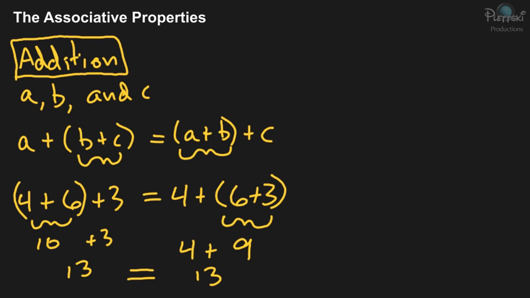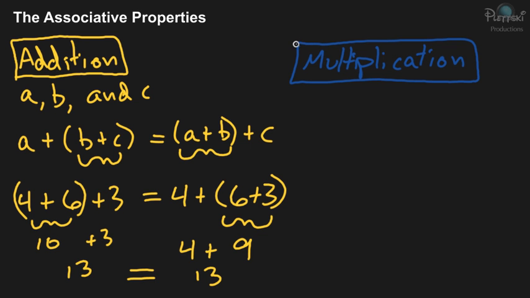Now for the associative property of multiplication, this is very similar. What this is saying is that it doesn't matter what order you multiply numbers in.